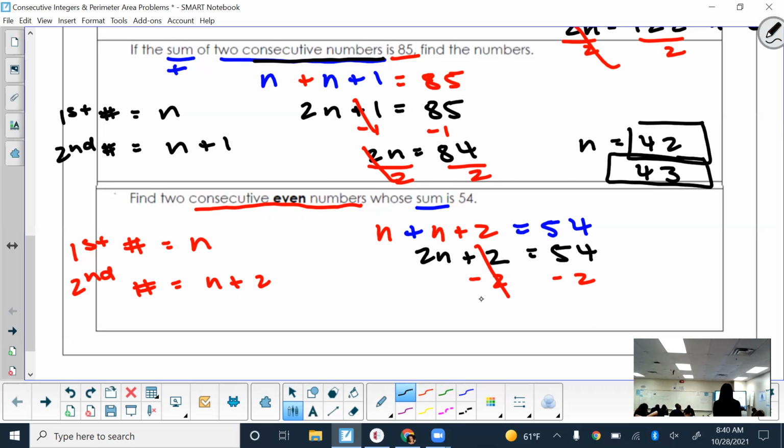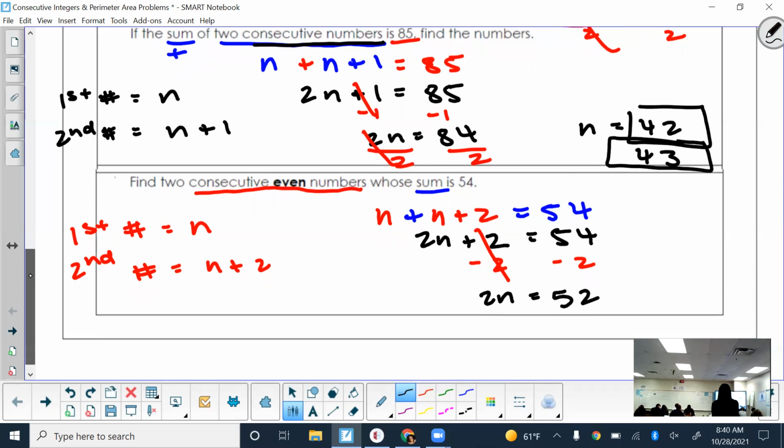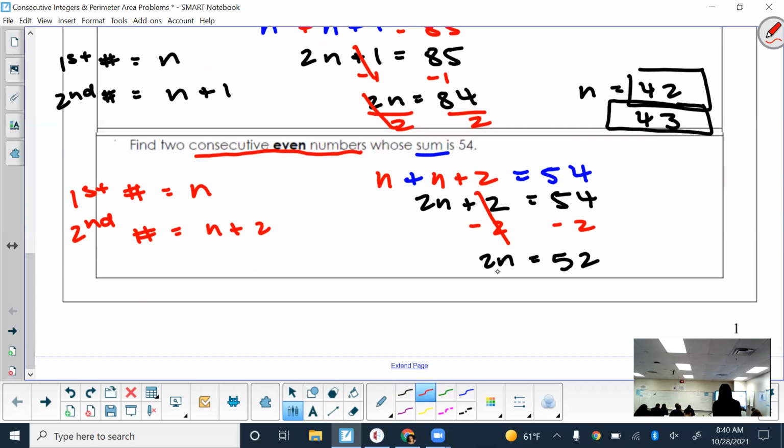That's the subtraction property of equality. All right, but moving on, 54 minus 2 is 52. The opposite of multiplying is dividing, so do that on each side, divide by 2. All right, and then n equals what?